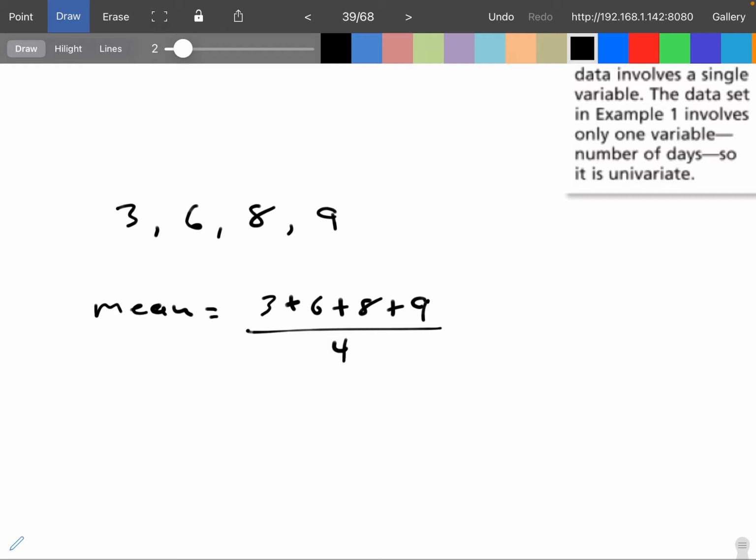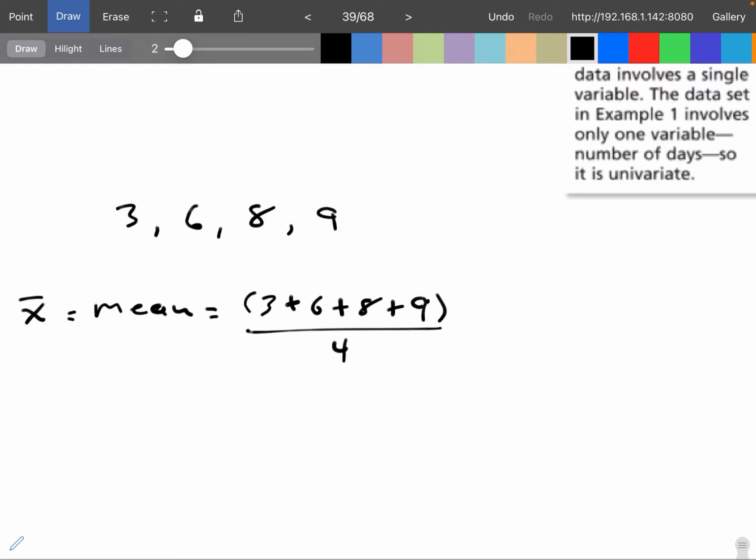And then if you want to put it all in the calculator at once, you probably want to put it in like that with some parentheses around the numerator. The symbol for the mean that we're going to use is an X with a bar over the top of it. So when you see that symbol, we know that means the mean.